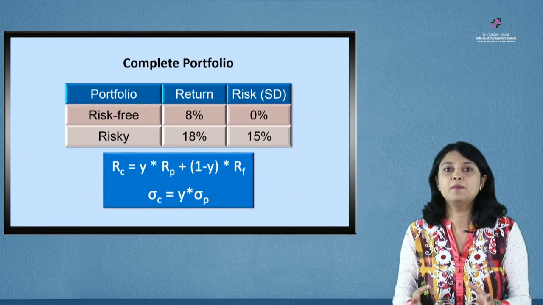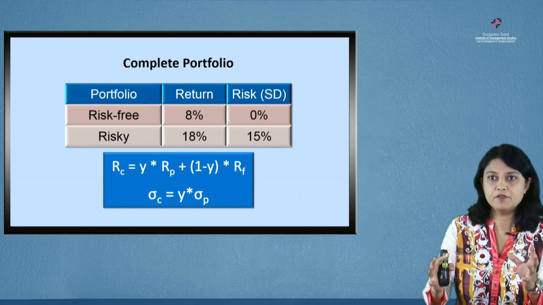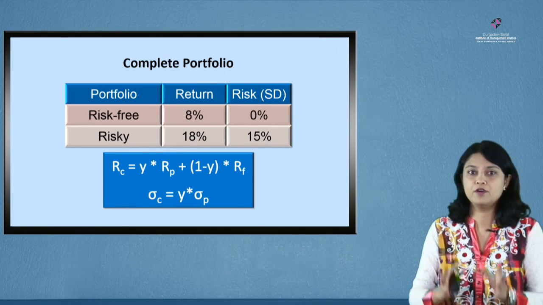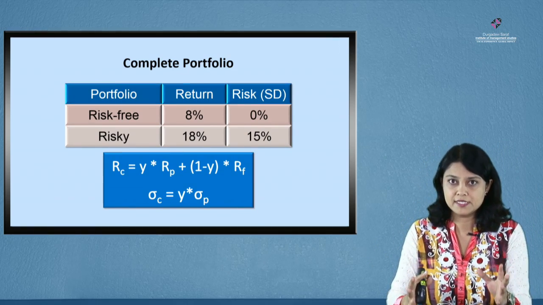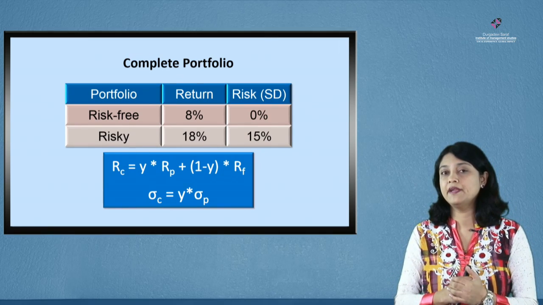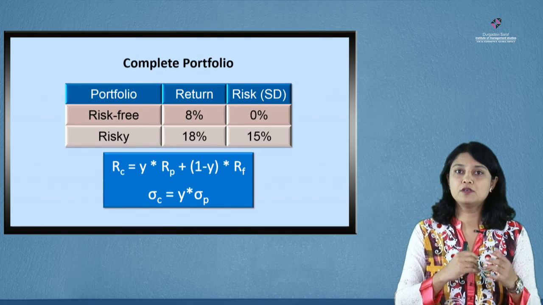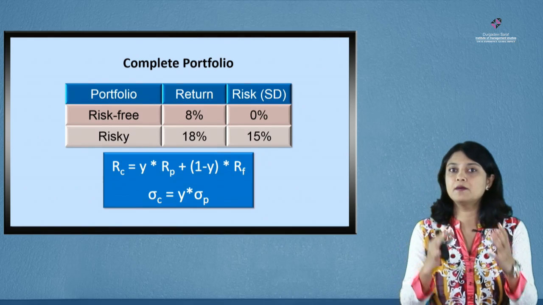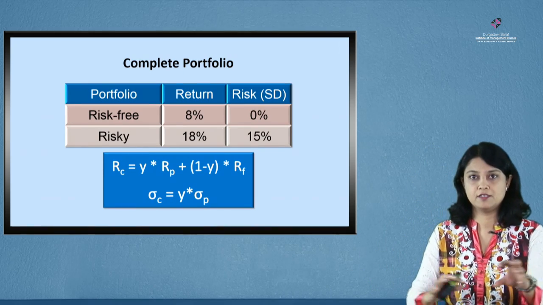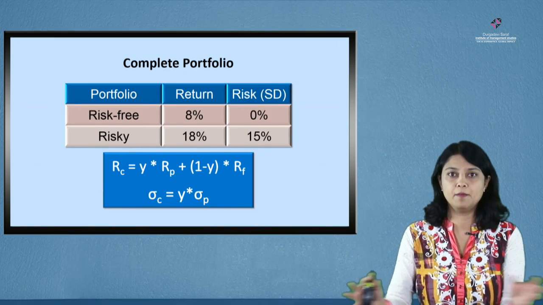I would call it a complete portfolio. In fact, a complete portfolio is a mixture of risky and risk-free both. So this is a complete portfolio of a client or of a person. Then for this complete portfolio, I would be interested in what would be the risk and return of this complete portfolio. That will tell me what is the effect of the mixture, how should I mix them up.